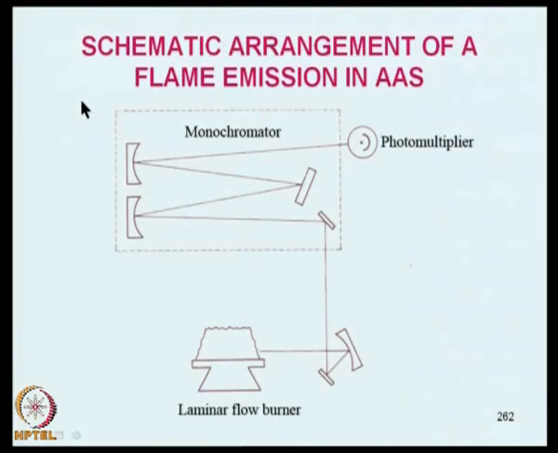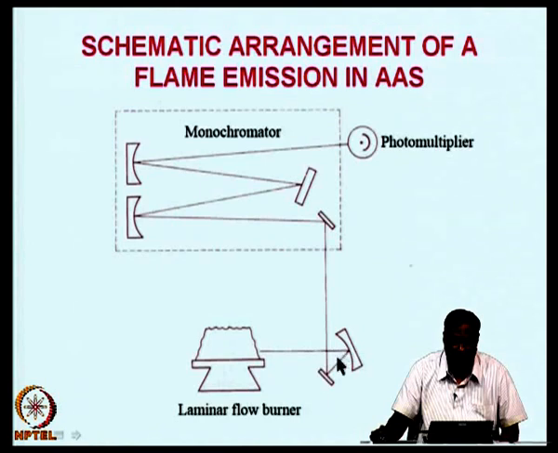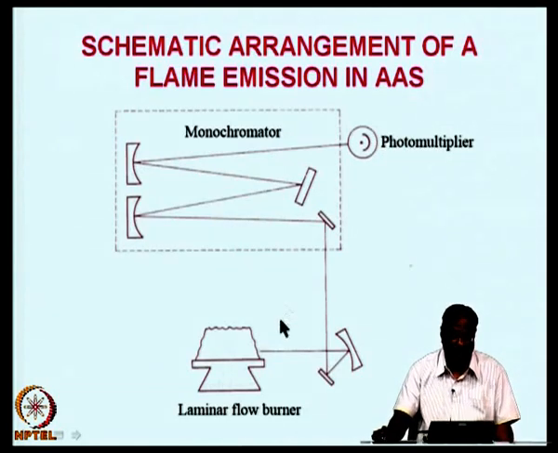Now, the schematic arrangement of a flame emission in atomic absorption, how does it look? Take a look at this figure. I have laminar flow burner, a beam splitter, and then I have a mirror, and then two concave mirrors, and this is the grating, and it comes to the photomultiplier tube automatically.